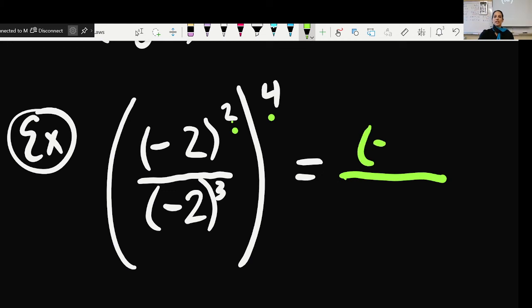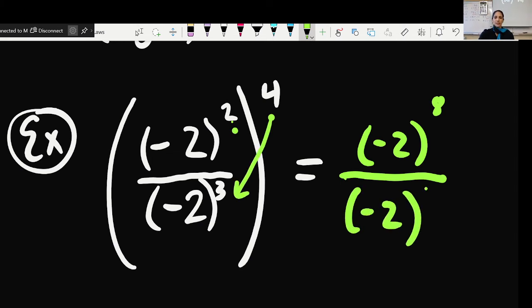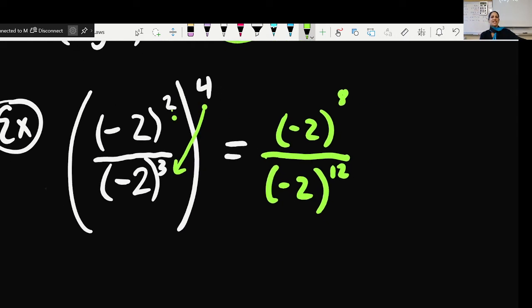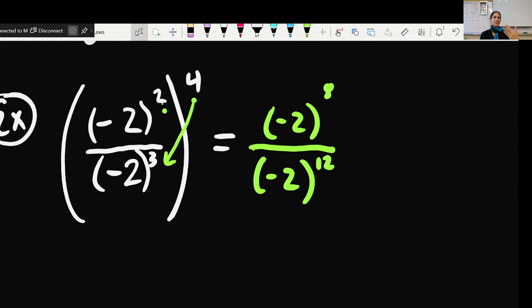We keep the base the same, so -2 to the power of 8. We multiply them, right? And same thing at the bottom, I need to multiply this and this, so I'd get -2 to the 12. Are we done in this case? There's a bit more happening. Same base, top and bottom, so what would be my next step there?